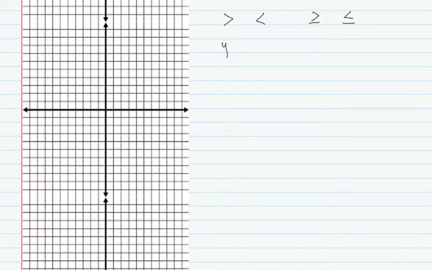So let's switch it up a little bit and have y is less than 2x plus 1. So if I were to simply check if a coordinate pair or a point x comma y were a solution, then all I need to do is substitute in the values. So let's check 0, 1.